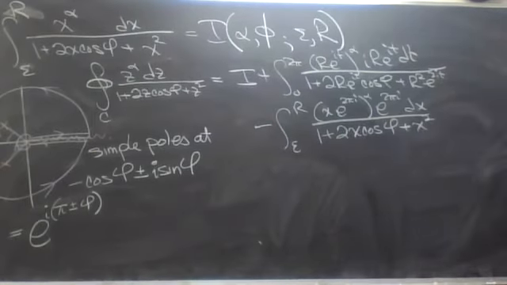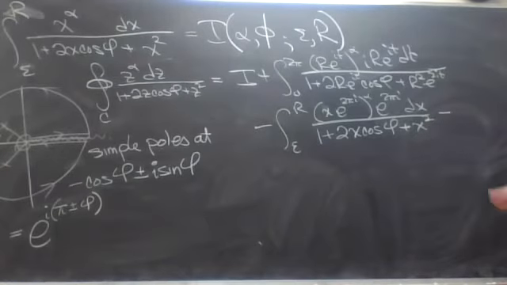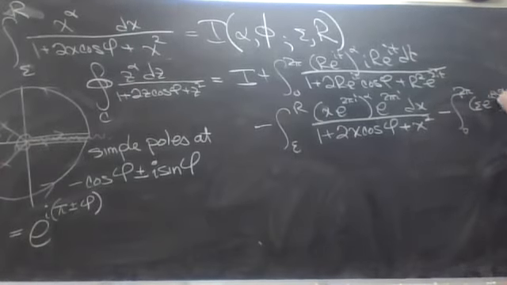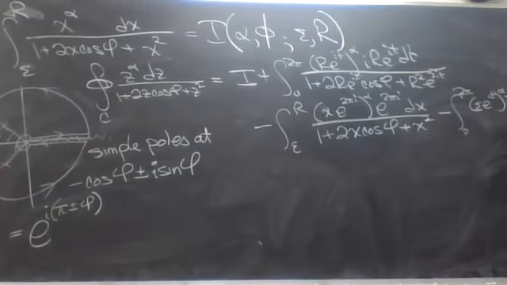Just like that. And then, of course, I'll have the little itty bitty baby integral from 0 to 2 pi, and it'll be epsilon e to the it to the alpha, i epsilon e to the it, divided by 1 plus 2 epsilon e to the it cosine phi plus epsilon squared e to the 2it.